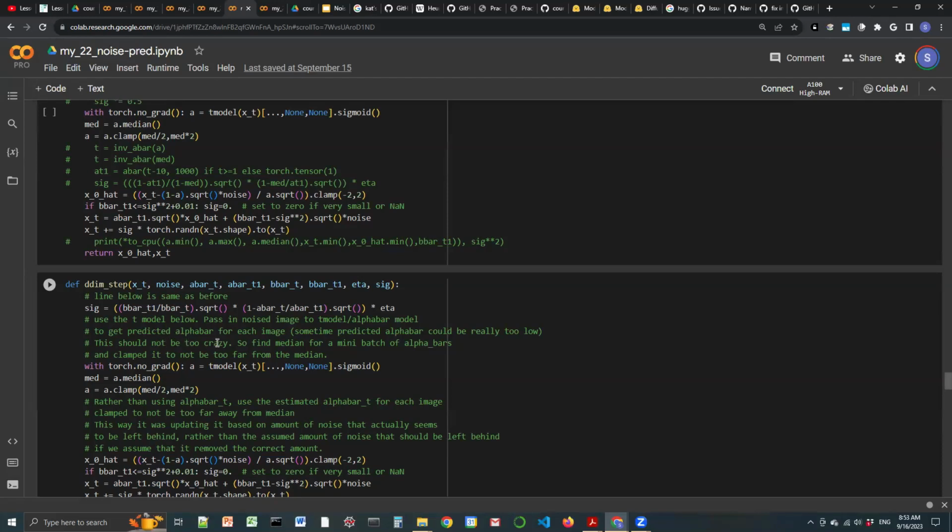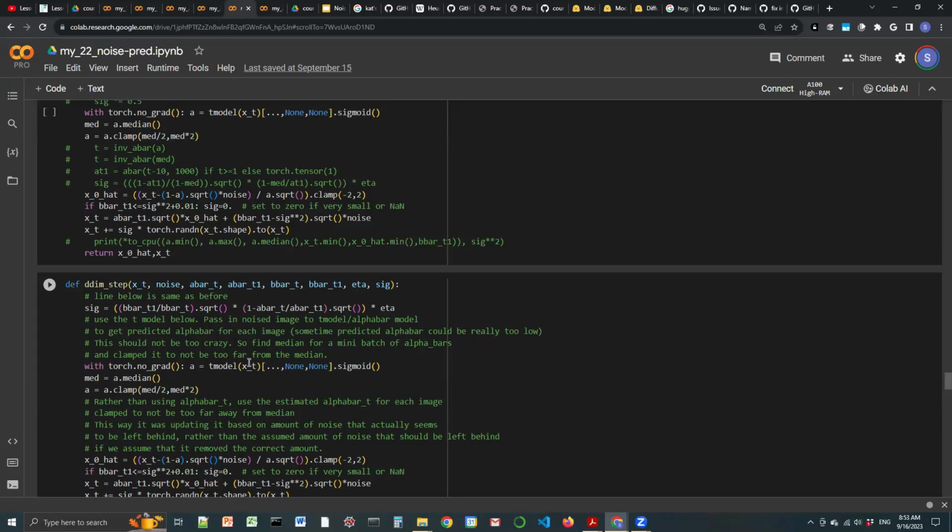And in order for this alpha bar to not be crazy, he finds the median of the alpha bar and then he clamps the alpha bar value. So this modification to the DDIM, he thinks will improve, right? So rather than just using a calculated alpha bar t, use the estimated alpha bar t for each image and clamp to be within certain values of the median.